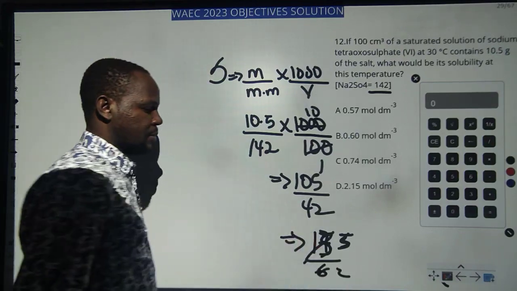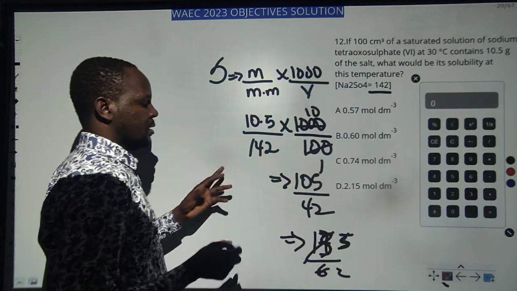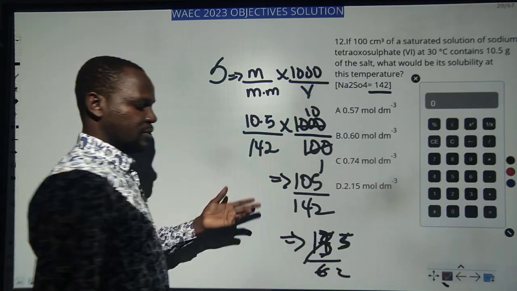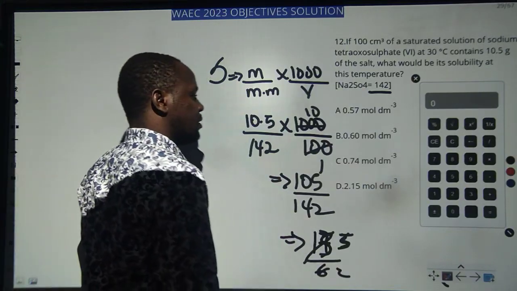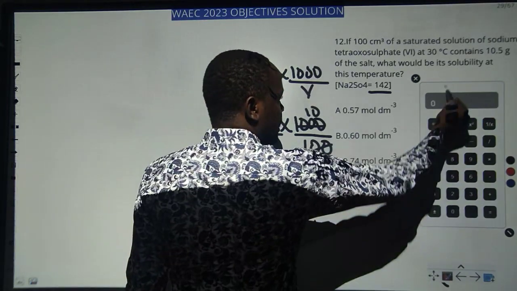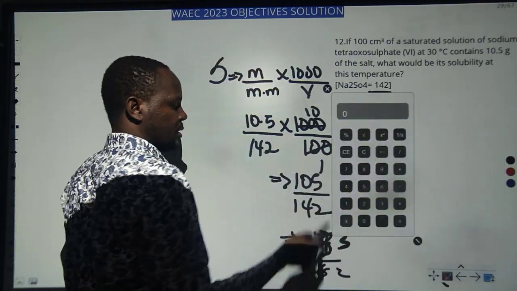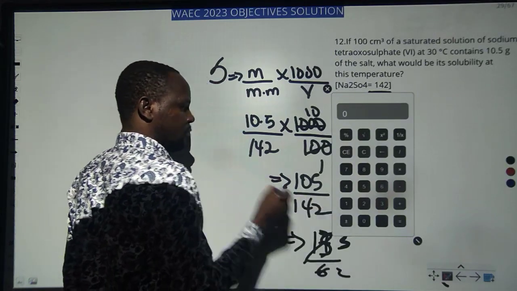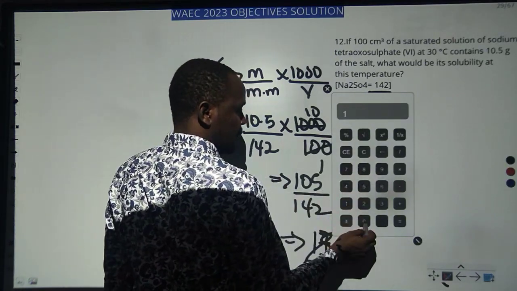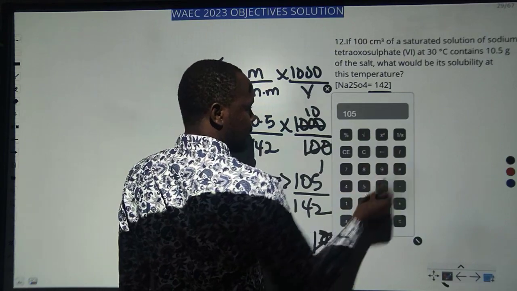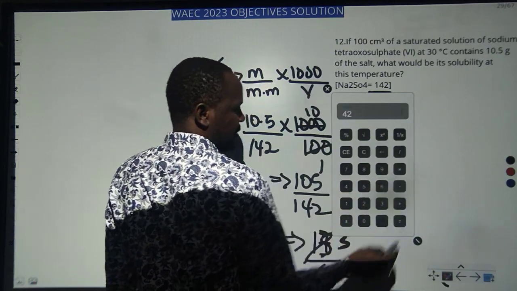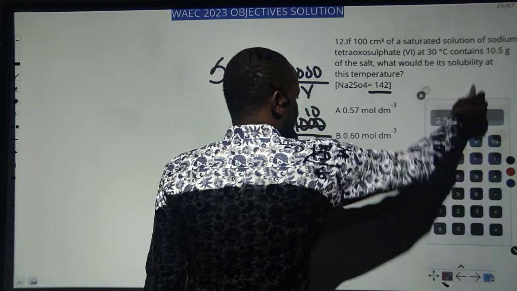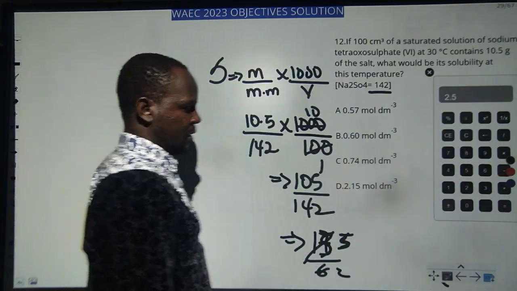But let's see again, it is directly 142, not 42, that is why I'm having something else. So let me just do it the right way.